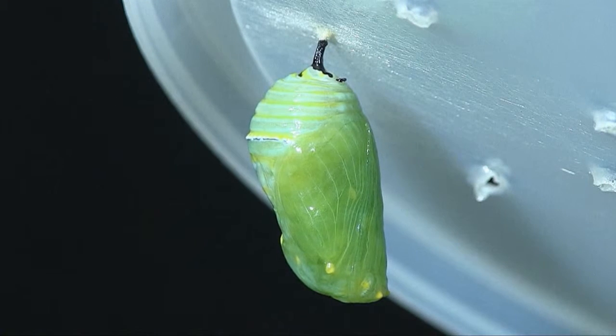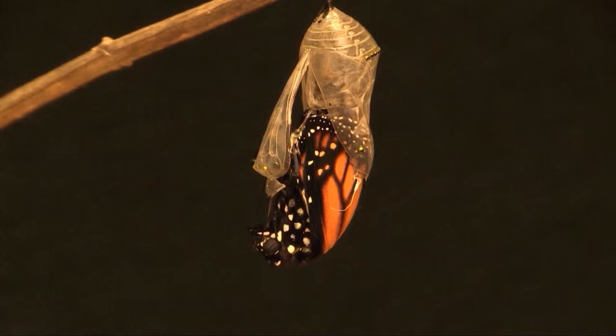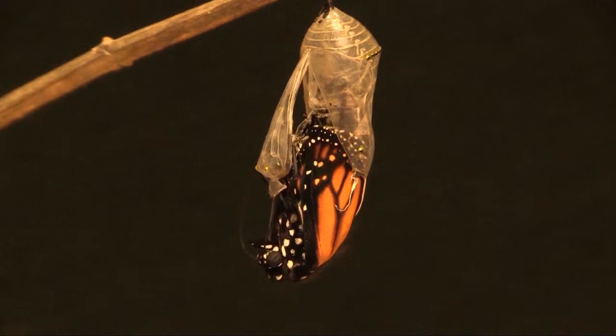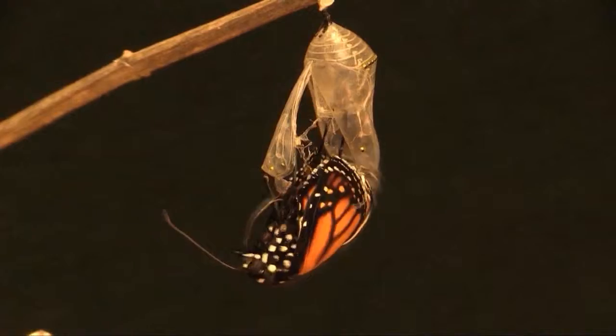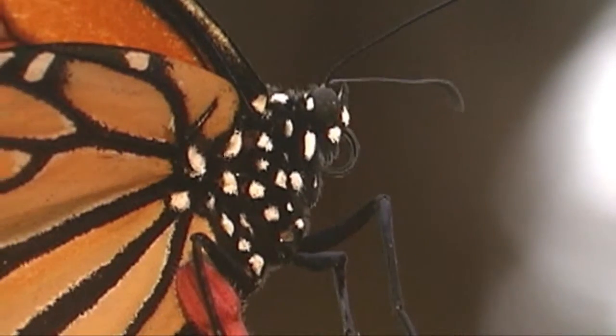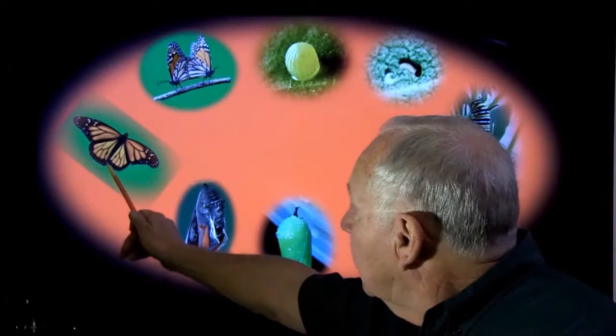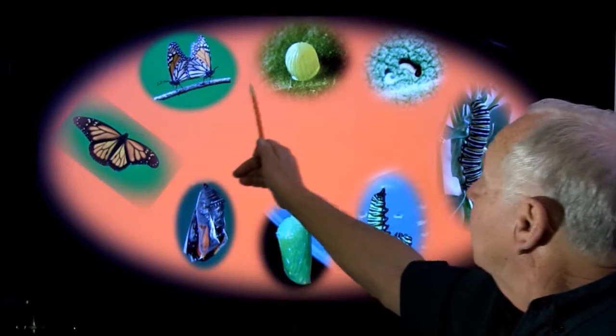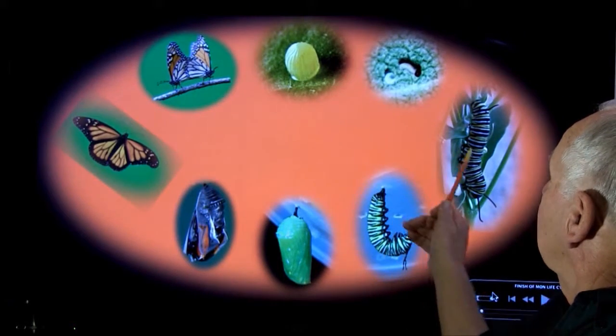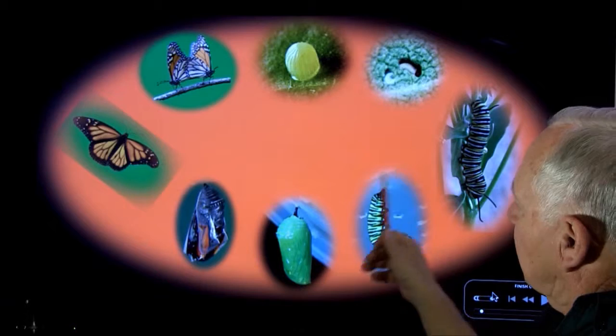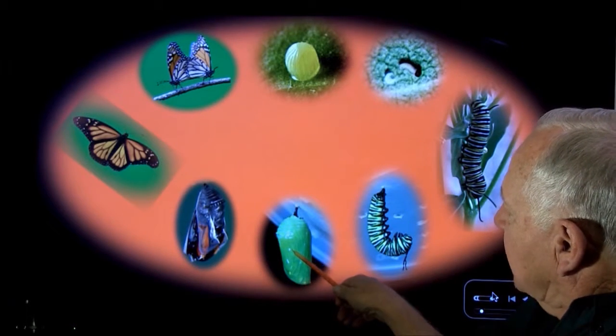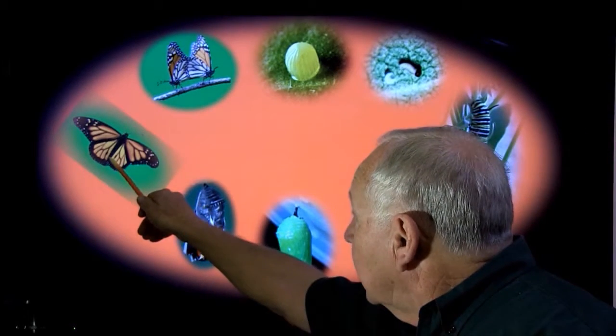The chrysalis is the pupal stage. The pupa stage ultimately emerges the adult butterfly. Life cycle: adult, egg, larval stage, the caterpillar, pupa stage, the chrysalis, back to the adult again.